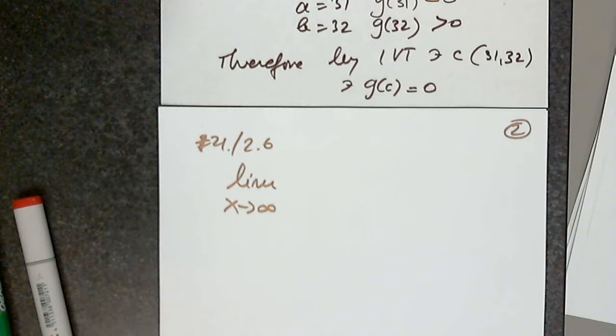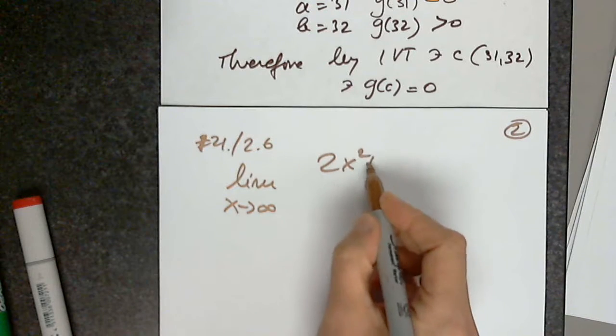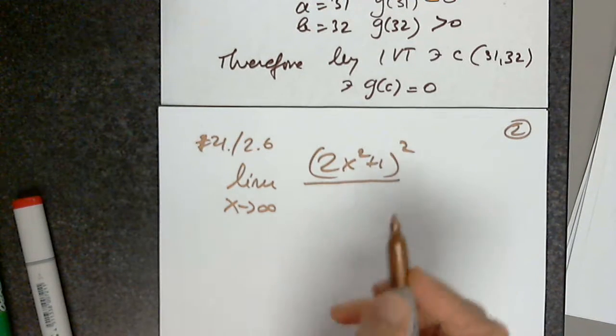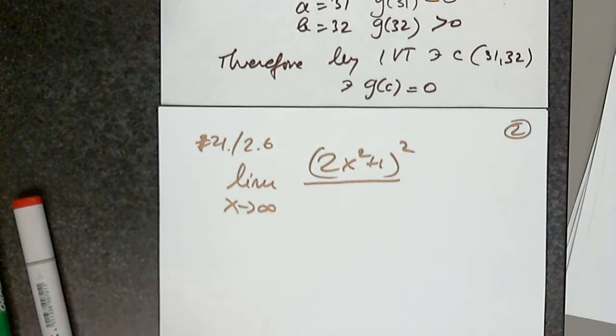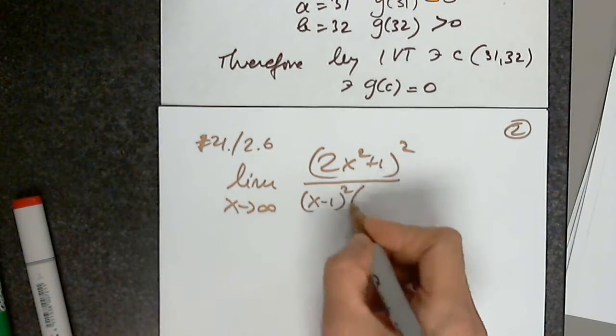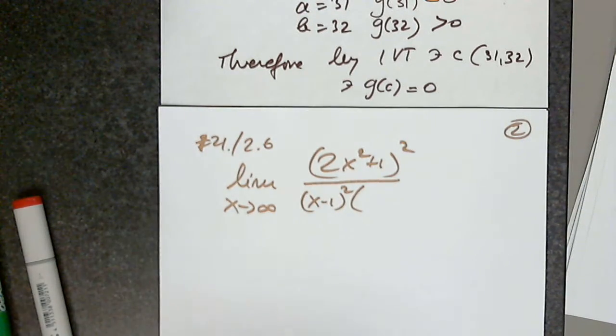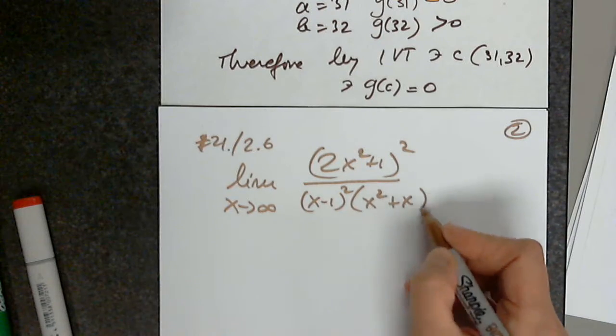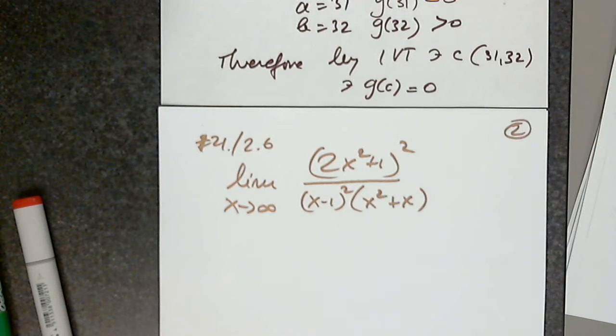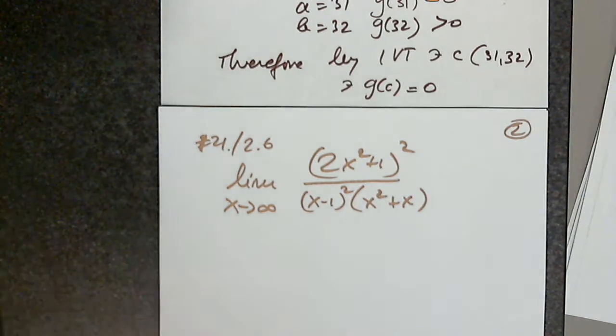And the top is 2x squared plus 1 squared, and the denominator is x minus 1 squared and x squared plus x. Perfect. What is the degree of the numerator?